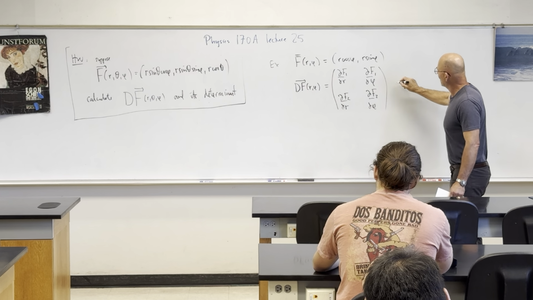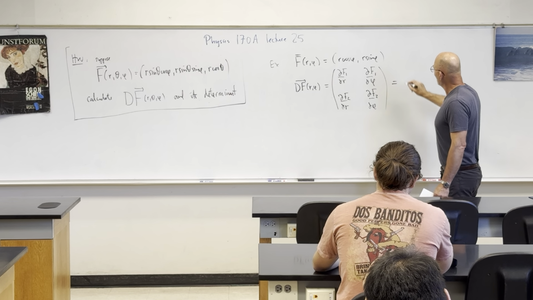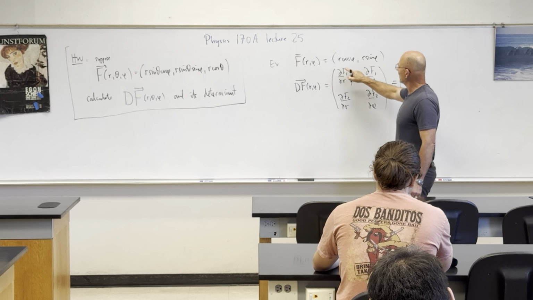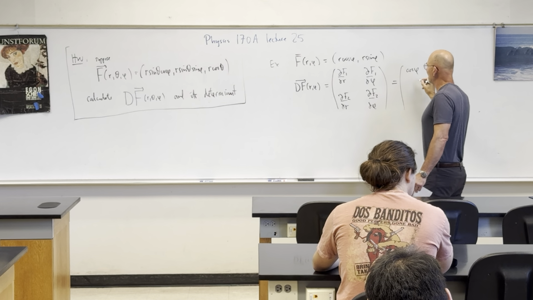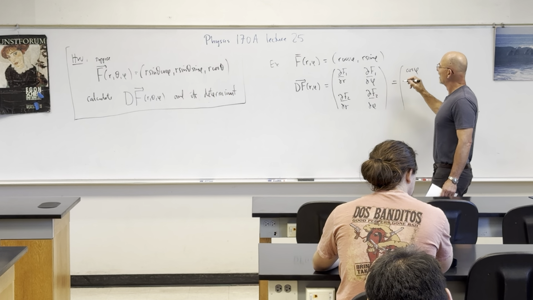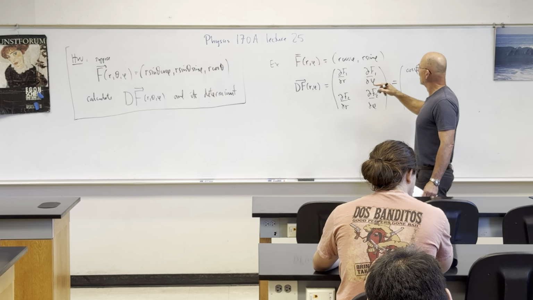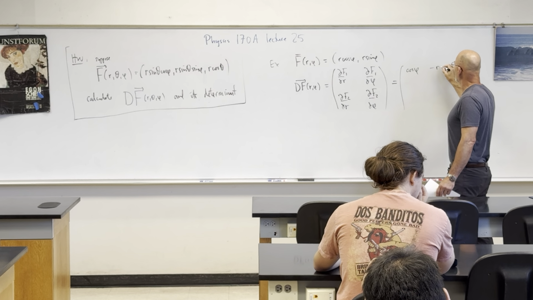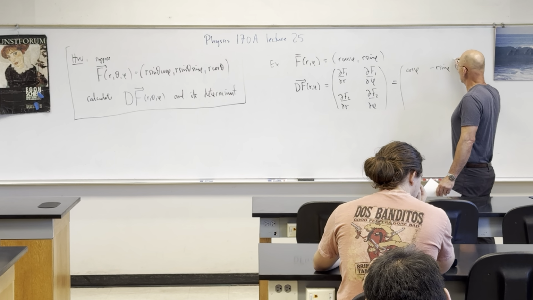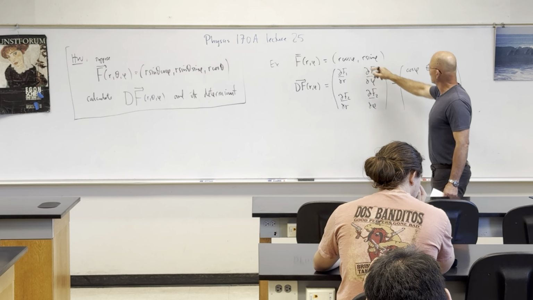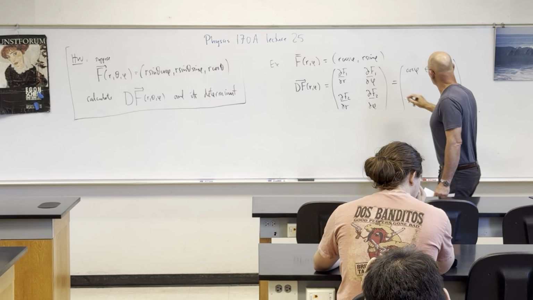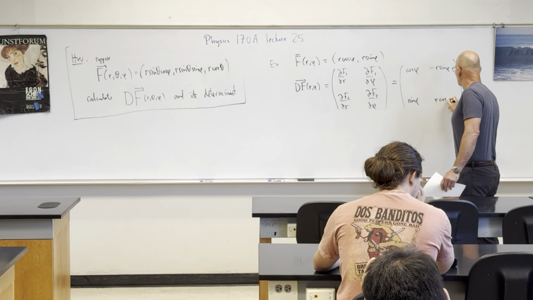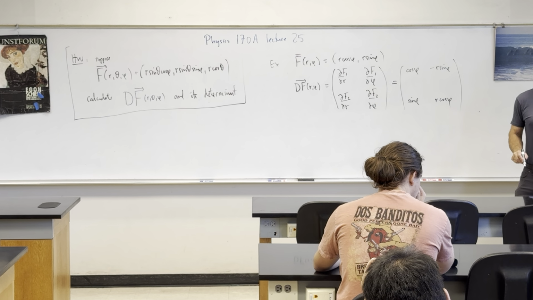So that's what we're shooting for here. And that matrix, with f sub 1, f sub 2, we'll have a cos phi, and then we'll have minus r sine phi, and then a sine phi, and r cos phi. So that's what we're looking at, except the 3x3 version of that.